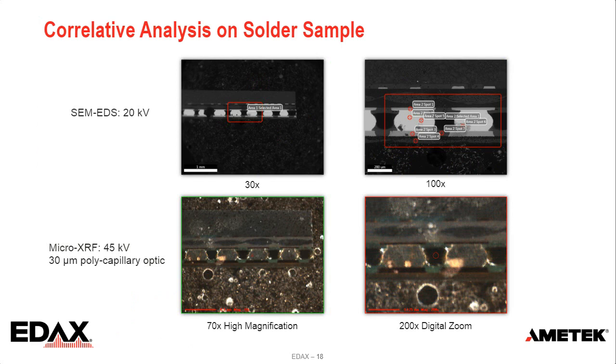This example is a correlated analysis on a solder sample using both SEM-EDS and Micro-XRF. The EDS analysis was done at 20 kV. For Micro-XRF, we used 45 kV and a 30 micron polycapillary optic.